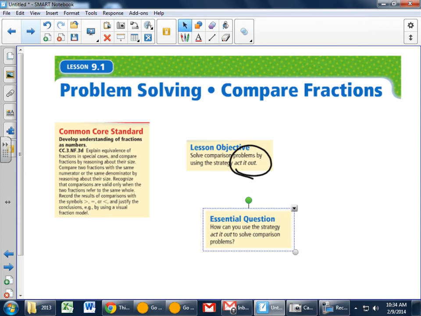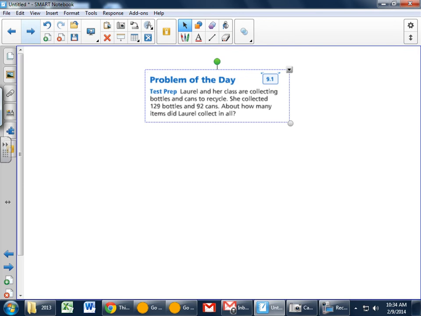Okay. Get our brains warmed up for this lesson. We're going to do our problem of the day. Laurel and her class are collecting bottles and cans to recycle. She collected 129 bottles and 92 cans. About how many items did Laurel collect in all?